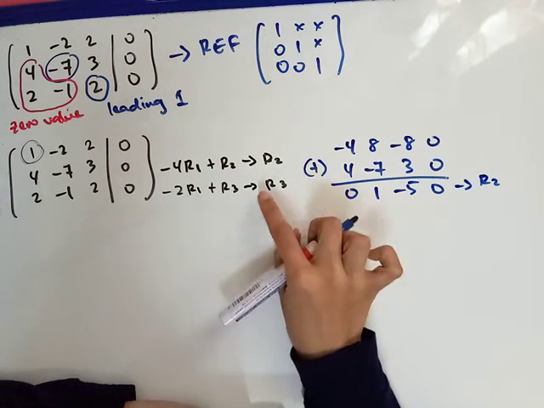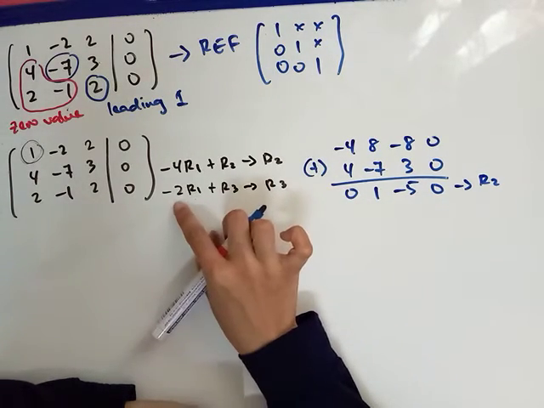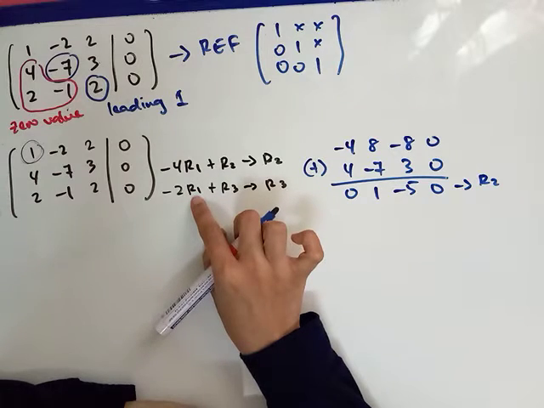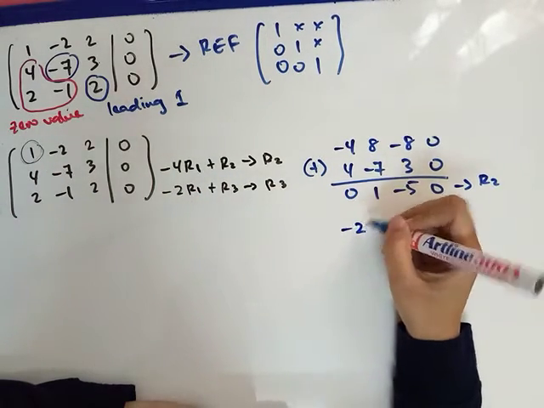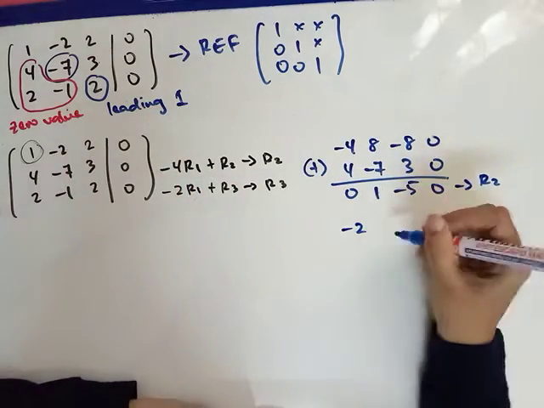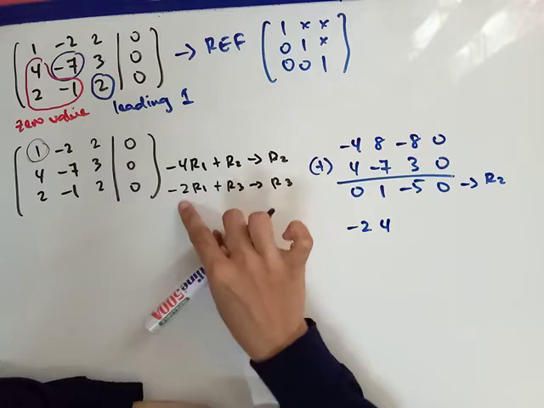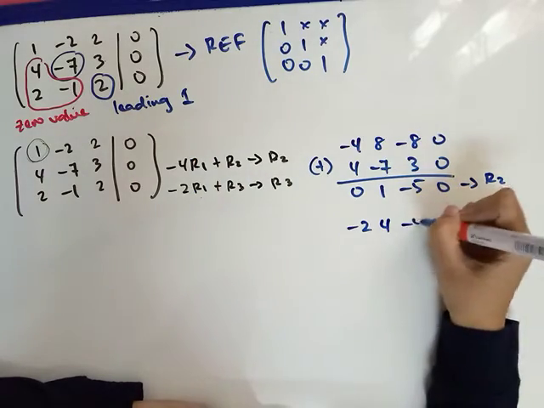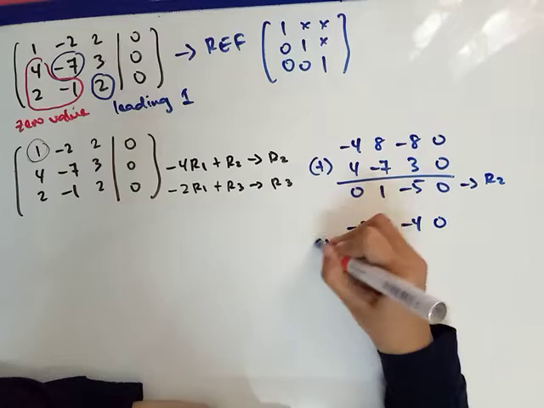And then the second operation here, -2 multiply with row 1. So -2 times 1, we get -2. -2 times -2, we get positive 4. -2 times 2, we get -4. -2 times 0, we get 0. Plus row 3.